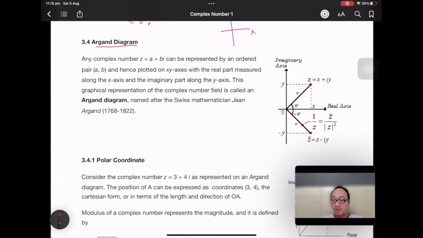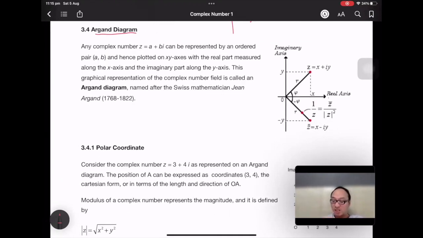So we have the real axis on the horizontal axis and the imaginary axis on the vertical axis. So x is the real axis and y here is the imaginary, because we have z equals x plus iy. So this is x in the horizontal and y in the vertical.